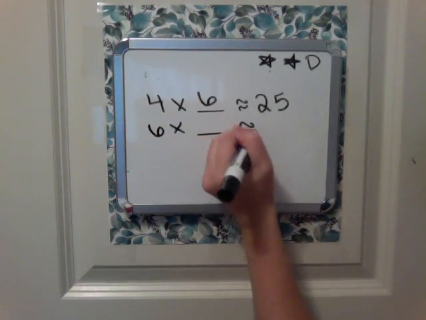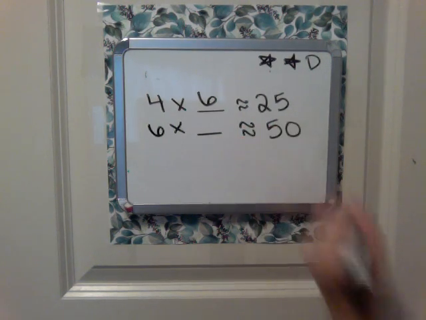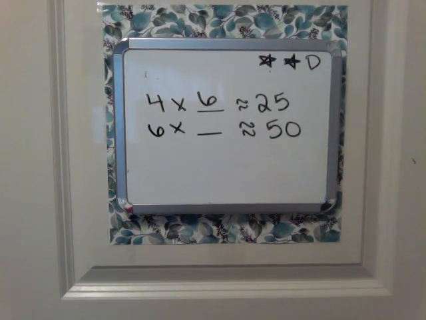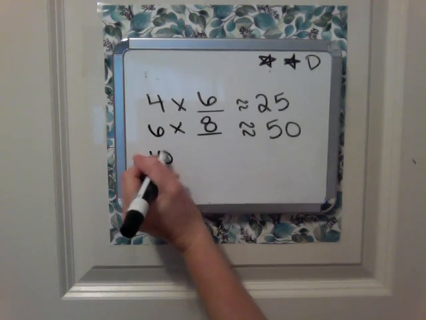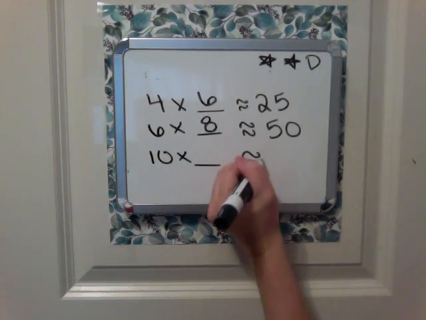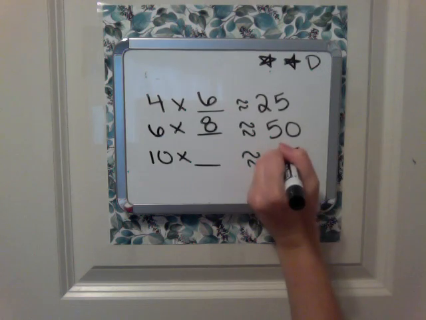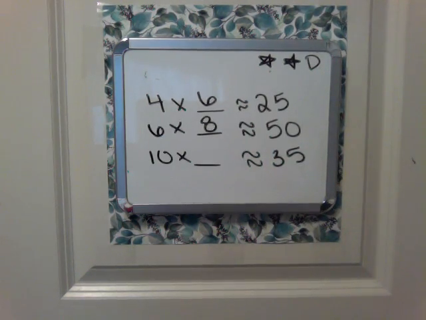6 times what gets us close to 50? Well, let's see. 6 times 10 is 60. That's too large. 6 times 9 is 54. Still too large. 6 times 8 is 48. And finally, 10 times what gets us as close to 35?